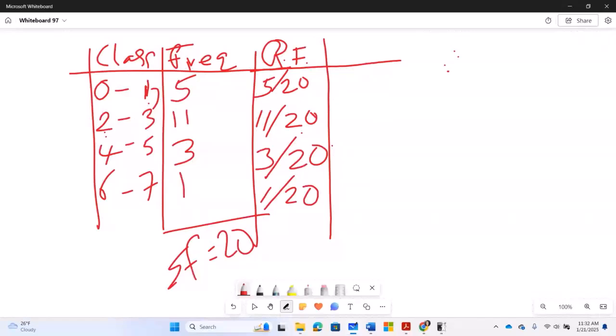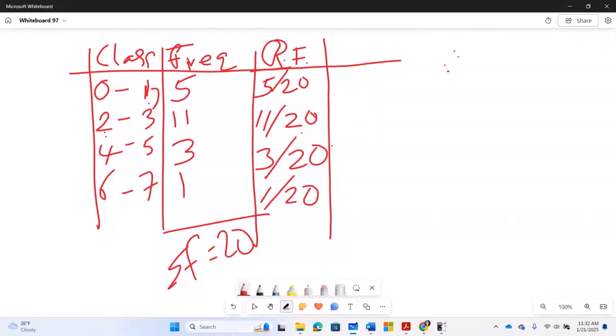So somebody can actually ask you now, what is the relative frequency, or what is the probability that a number falls in the first class? It is actually the number of people in that first class over the total. All right.